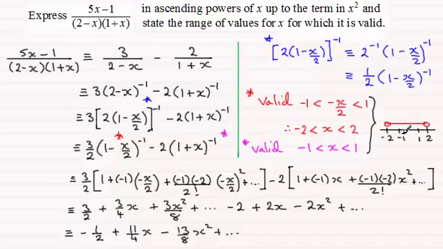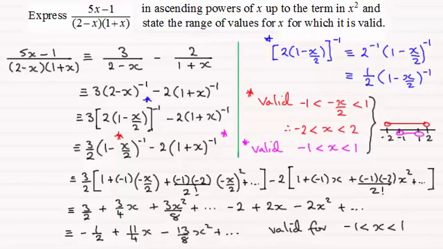And if I fill that one in, then we're looking at that region in there. And we've got to be able to have a value of x that works for both of these simultaneously. So we're looking for the one that is the smallest interval, the one that's contained within the other interval, if you see what I mean. And that's this one here, between -1 and 1. So therefore we can say that it's valid for x between -1 and 1.